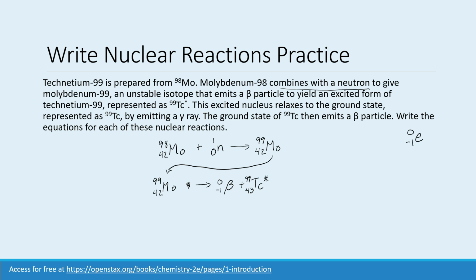And we can see that the atomic numbers, we've got 43 and a -1 to give us a total of 42, which matches the reactant side. Okay, so we stopped here. And then this excited nucleus relaxes to the ground state, represented as technetium-99. So we're going to pick back up with our product.